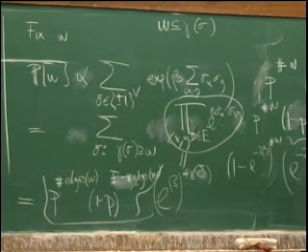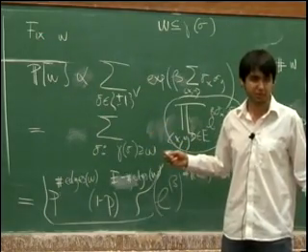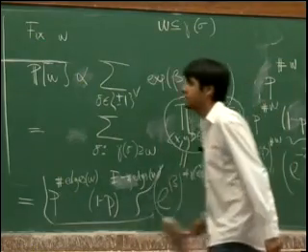And how many spin configurations do you have with this choice? You have 2 to the number of clusters of them. So I just write in words what I said.